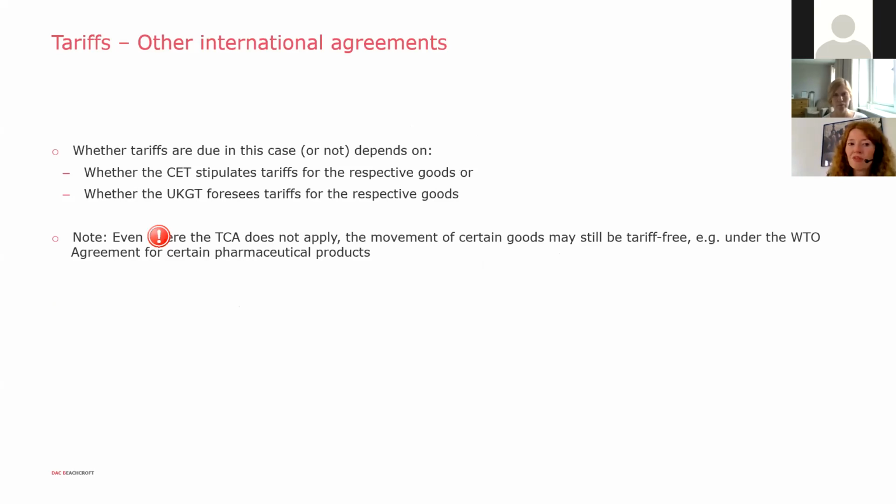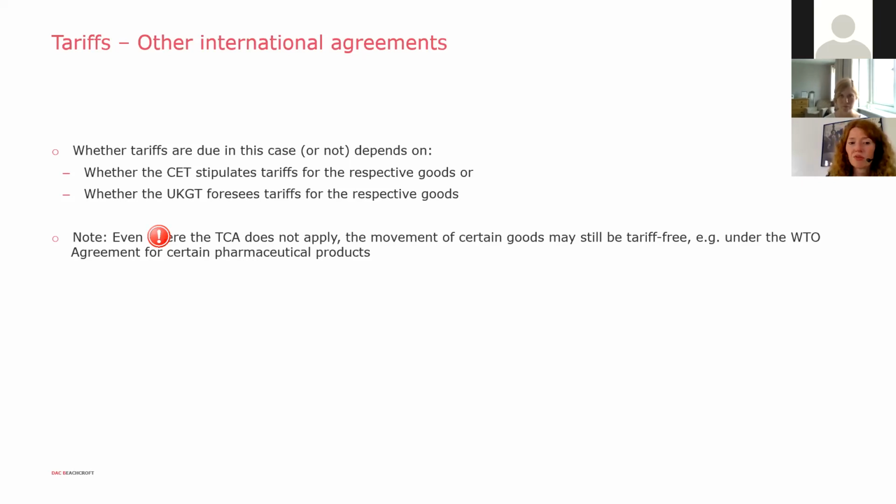Again, if the rules of origin are not complied with, then whether tariffs are due depends on the CET, whether it stipulates tariffs for that good at all, and what percentage or kind of tariff, or whether the UK GT foresees tariffs for the respective goods that are imported into Great Britain.